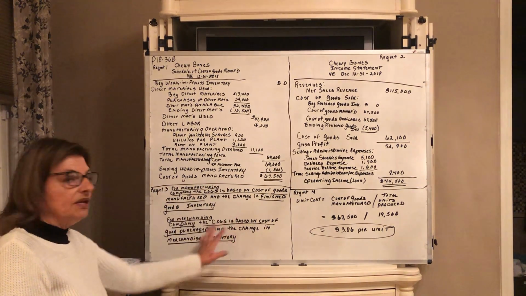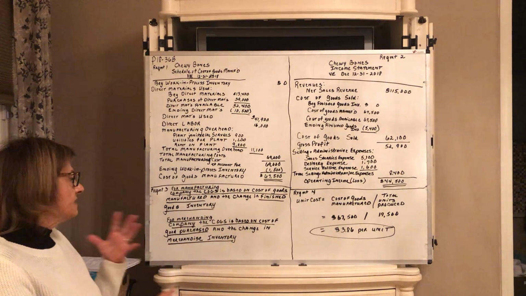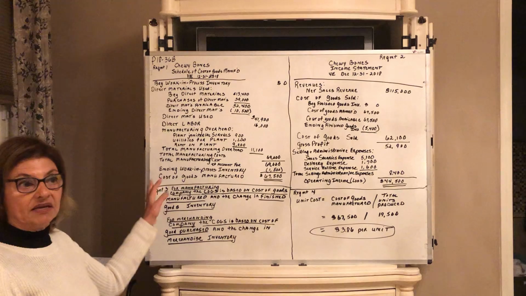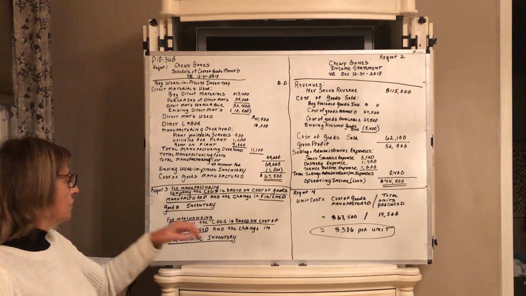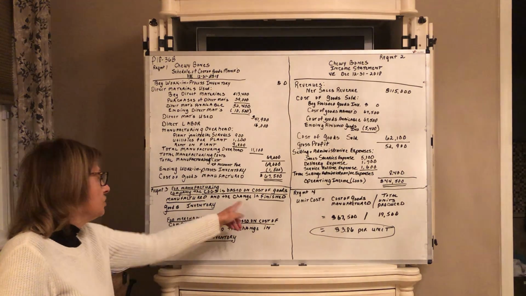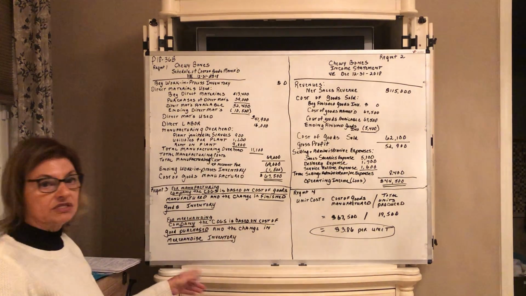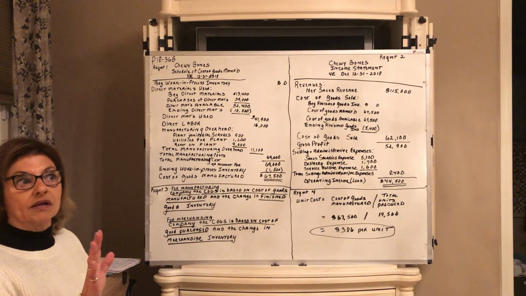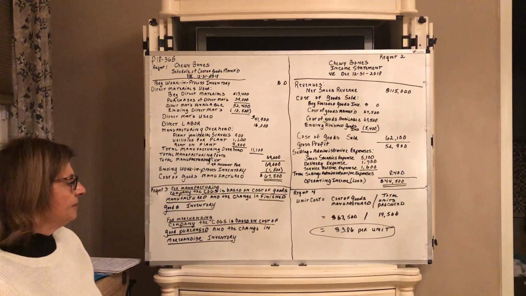So that would be good enough for requirement 3, basically saying it's the difference between the cost of goods manufactured for cost of goods sold versus the cost of goods purchased. And the change in finished goods inventory versus the change in just what you bought inventory. That's good enough. Anything like that will be fine.